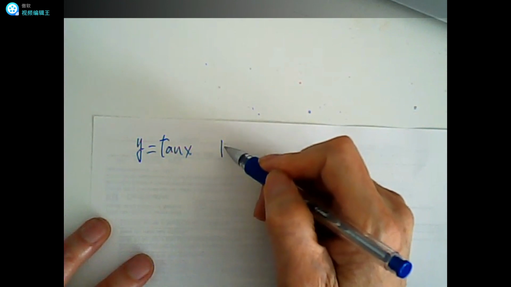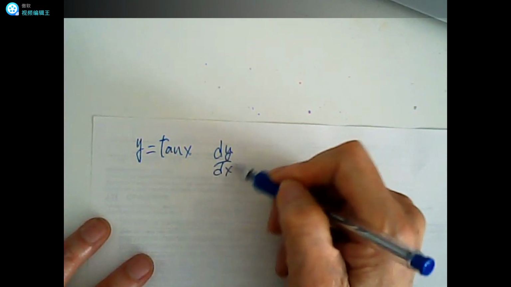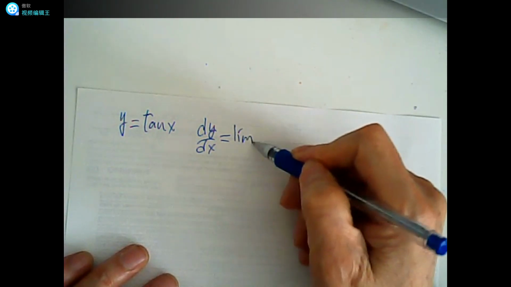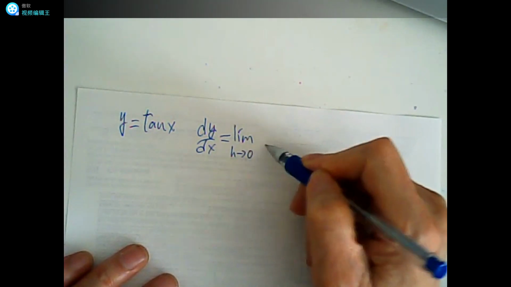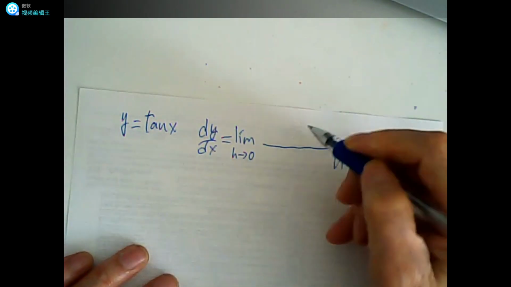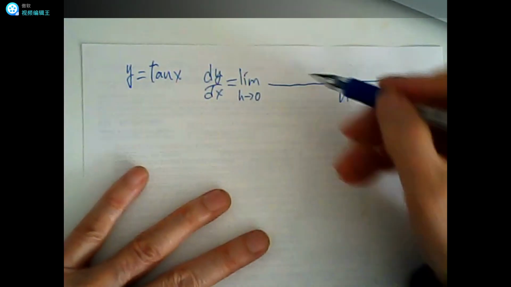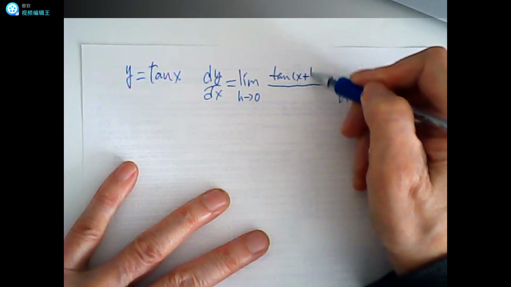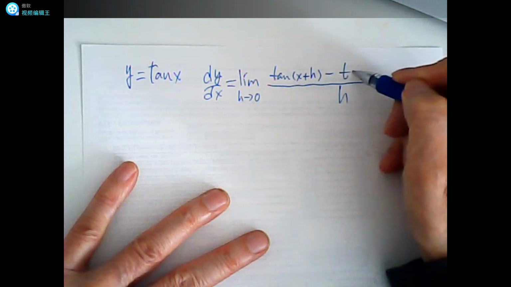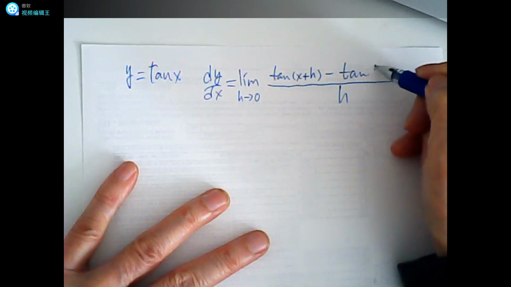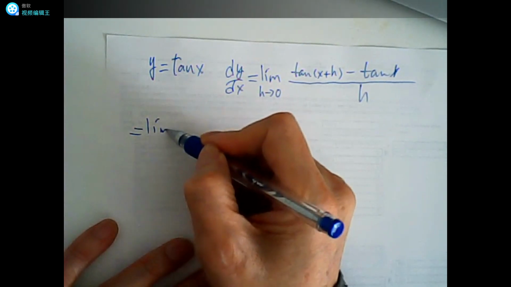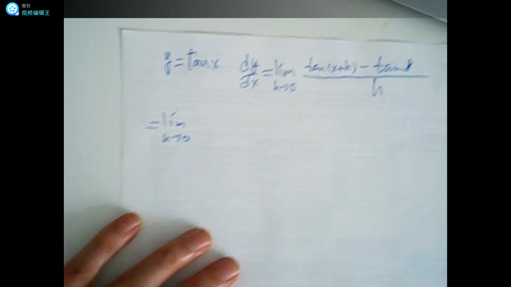So the derivative dy/dx is equal to the limit as h goes to 0 of tangent of x plus h minus tangent x, over h. Yeah. Now, this is equal to the limit as h goes to 0.